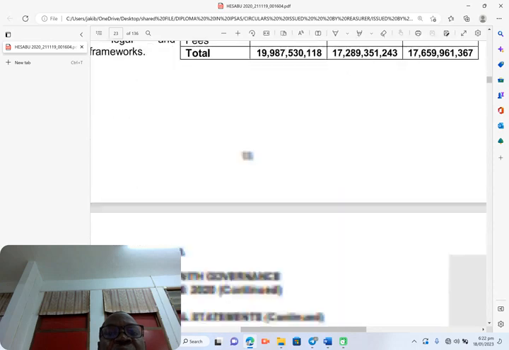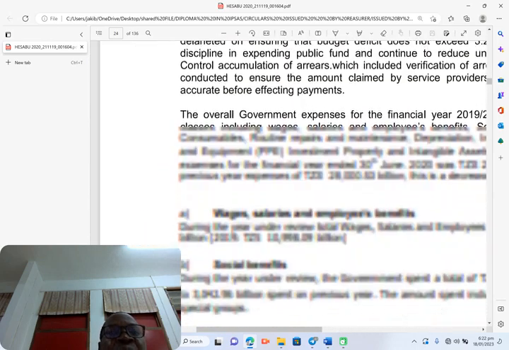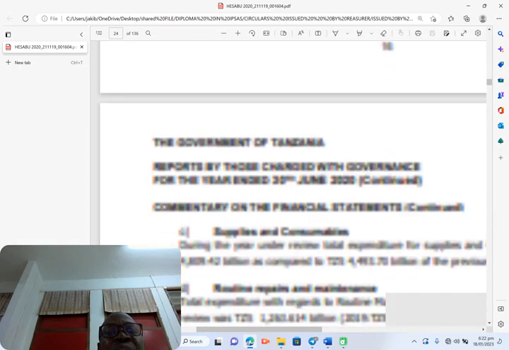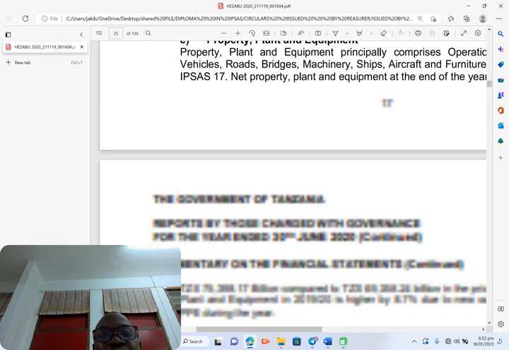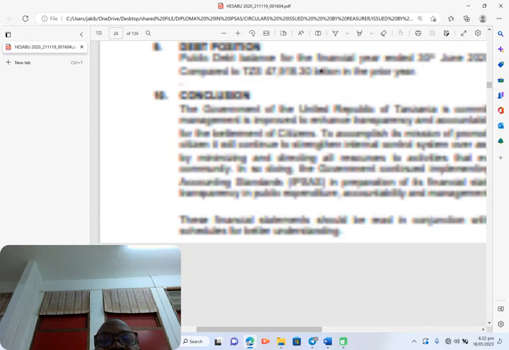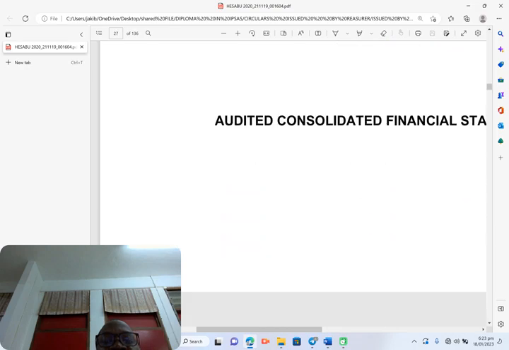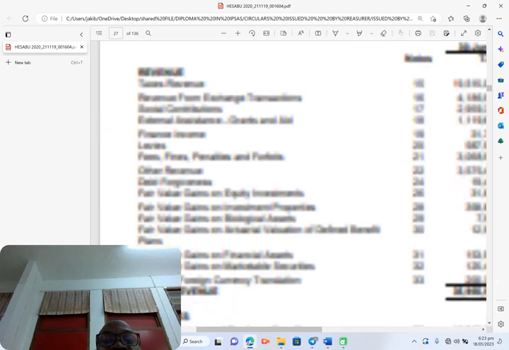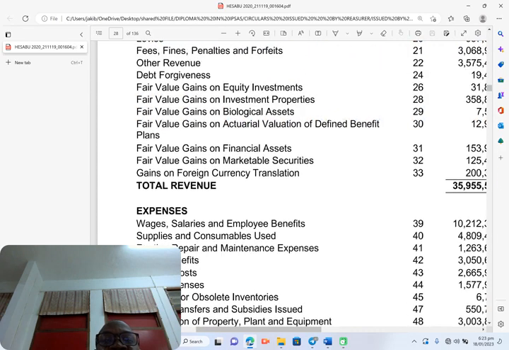You see, this is tax revenue. I want the performance so far. Receipts, social benefits, cash equivalents, gross financial statement. We better concentrate. Do you see this one?